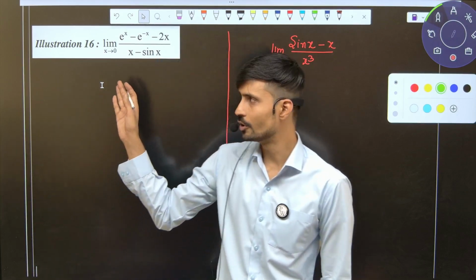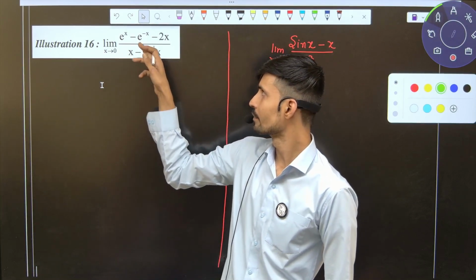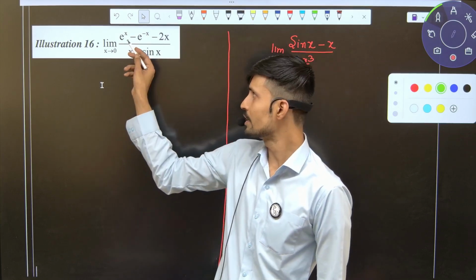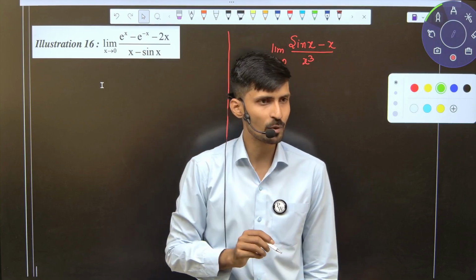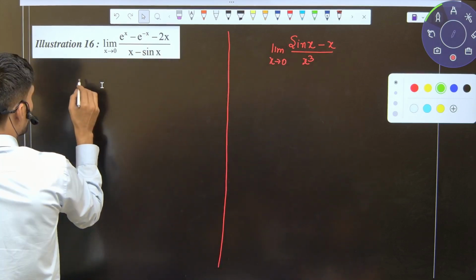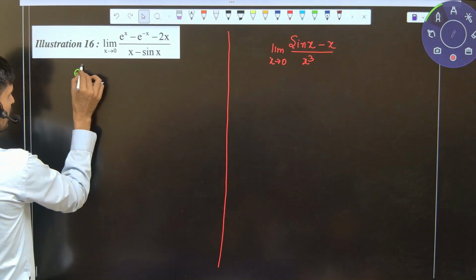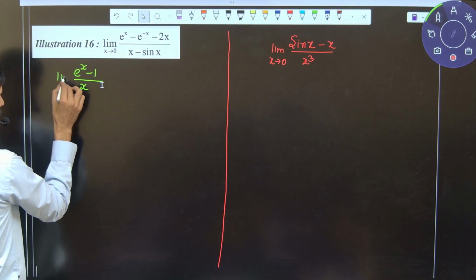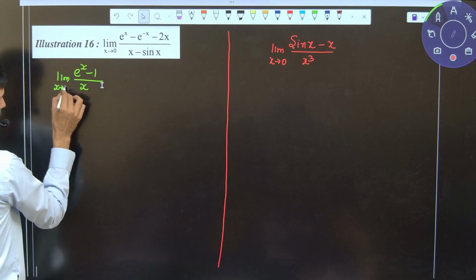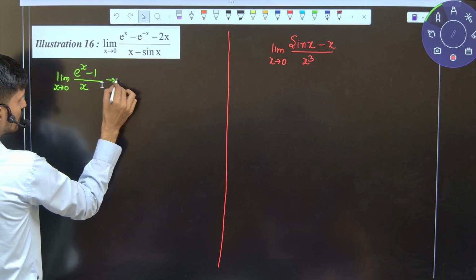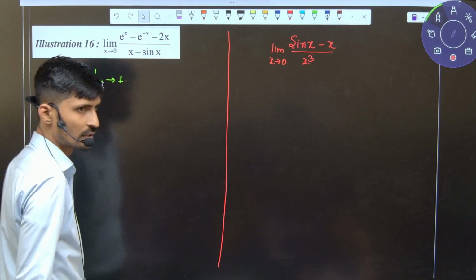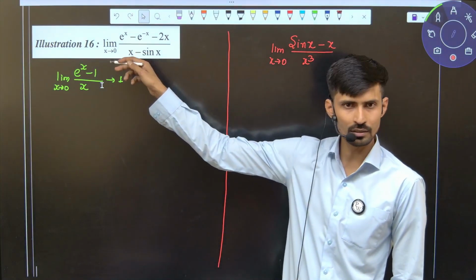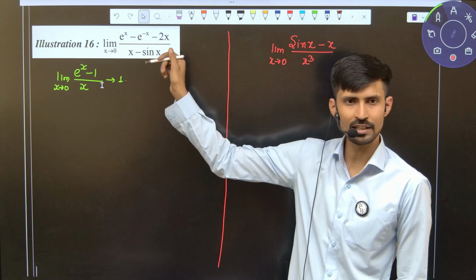So in this, trigonometry and exponential both are there. Now you have learned exponential. What is the exponential formula? If you remember, e raised to x minus 1 upon x, limit x tends to 0, is 1. It means this e raised to x is 1, and e raised to minus x is also 1.